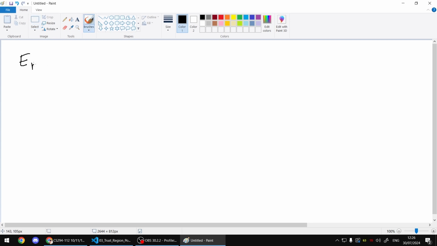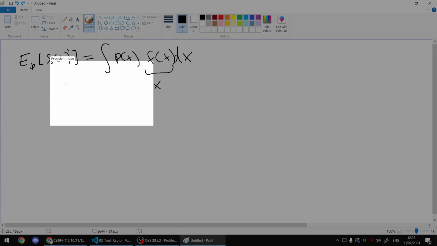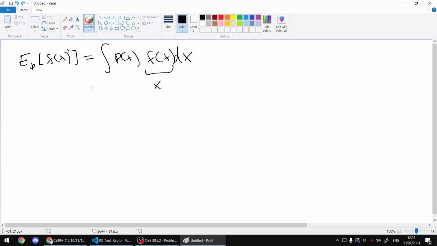Say we have some expectation of some function f over some probability distribution p. It's just a weighted sum of this particular value. Again, this can be just x, and we will return the average or mean value.